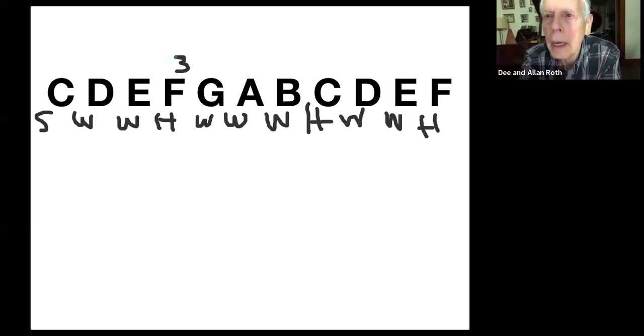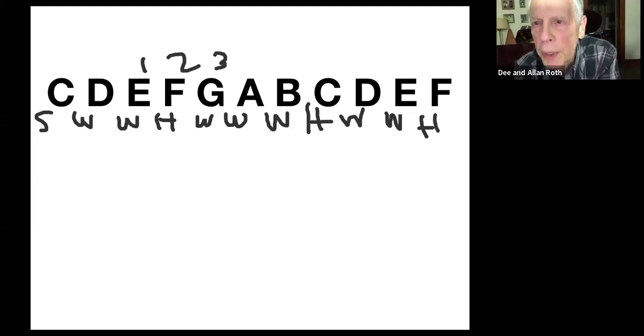E would be note 1, F note 2, and G note 3. Between E and F is a half step. Between F and G is a whole step. So that's 3 half steps, therefore a minor third.